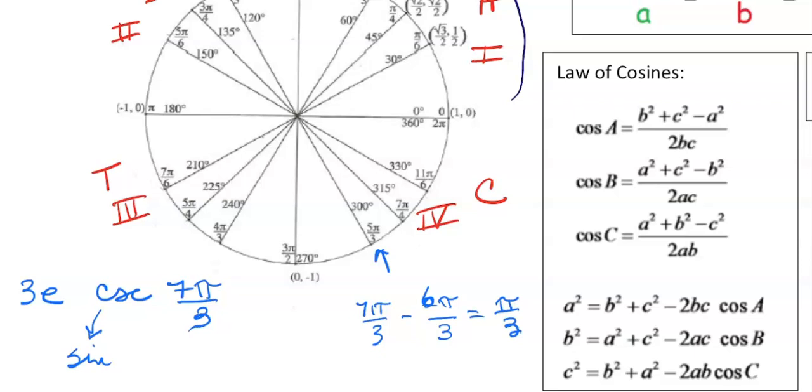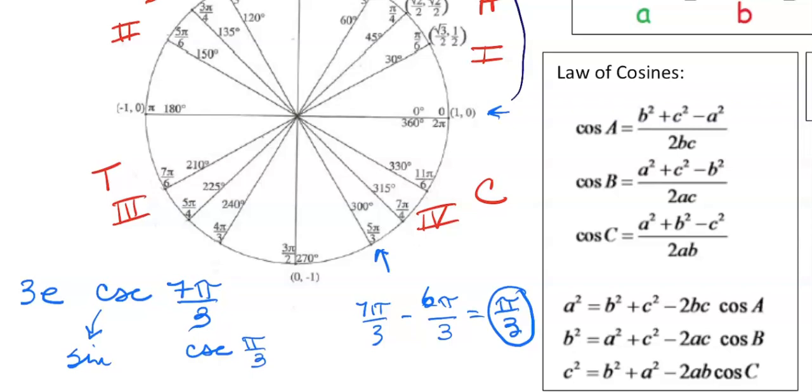So if this is 5 pi over 6, this would have been 6 pi over 6. And then this would have been 7 pi over 3 right here. And that's where I got to by using my coterminal angle concept.